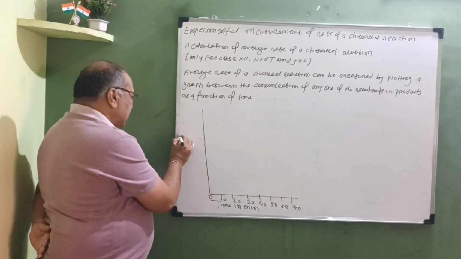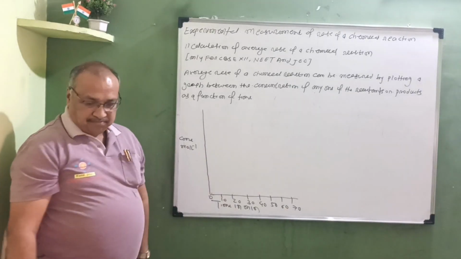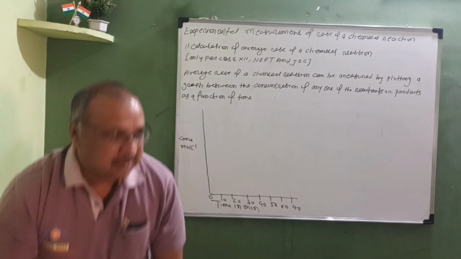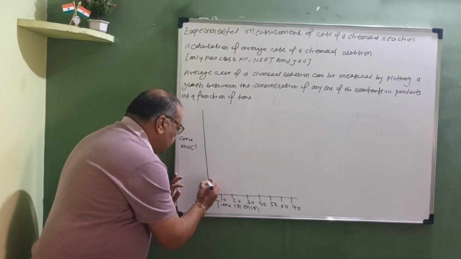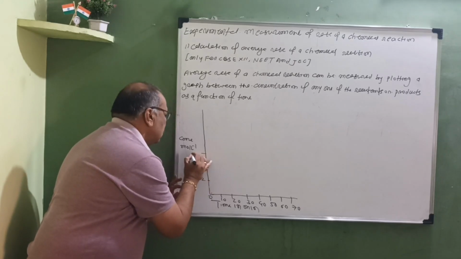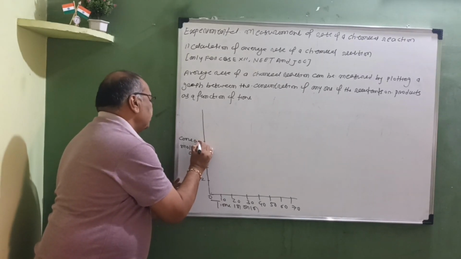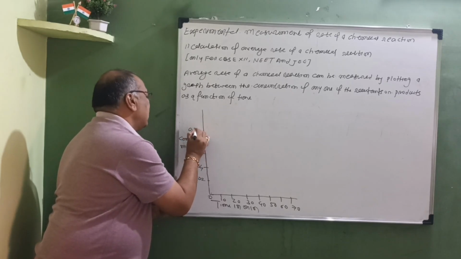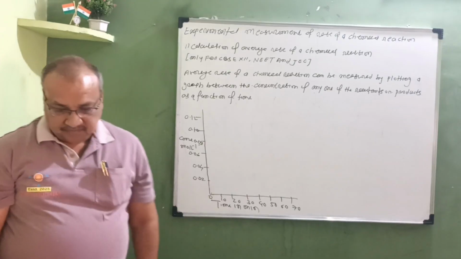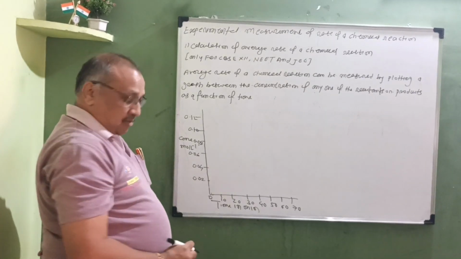And here I put concentration in mole per liter, that is 0.02, 0.04, 0.06, 0.08, 0.10, and here 0.12. Now here draw the graph.